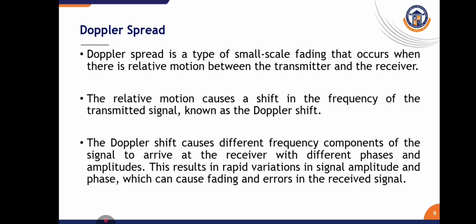So Doppler shift is an important consideration in the design of wireless communication systems, particularly for mobile applications where there is often significant relative motion between the transmitter and the receiver. So diversity techniques are used to combine the multiple signal paths to mitigate the effects of fading. And adaptive modulation techniques are used to adjust the modulation scheme and data rate based on the channel conditions.